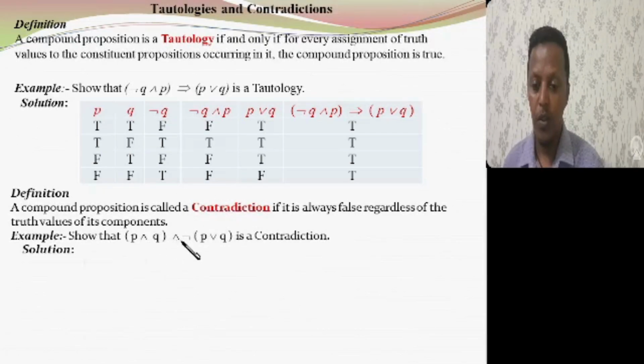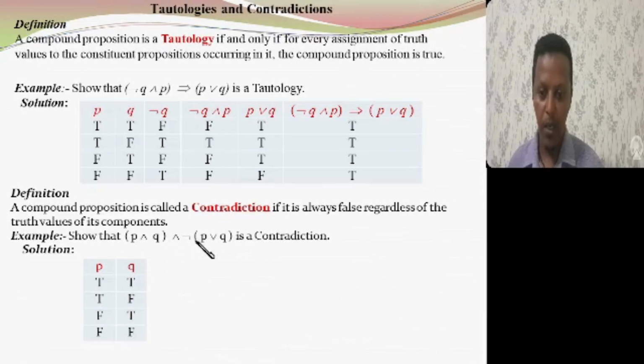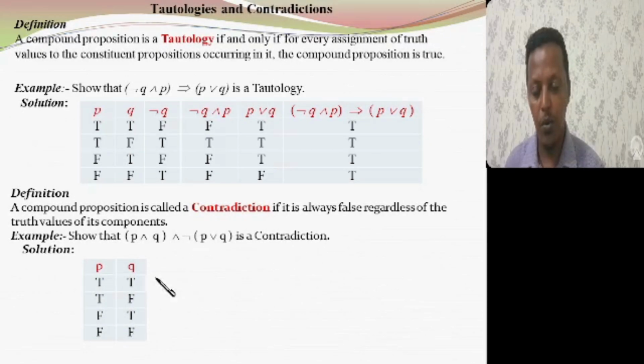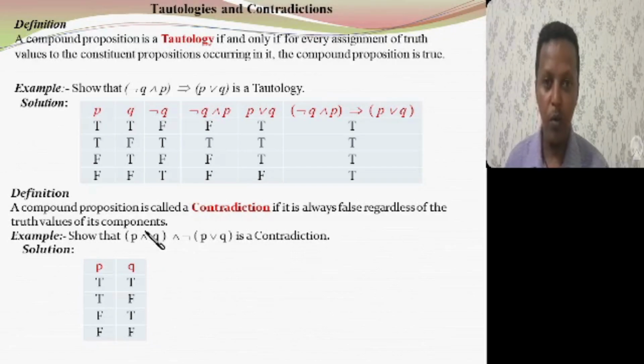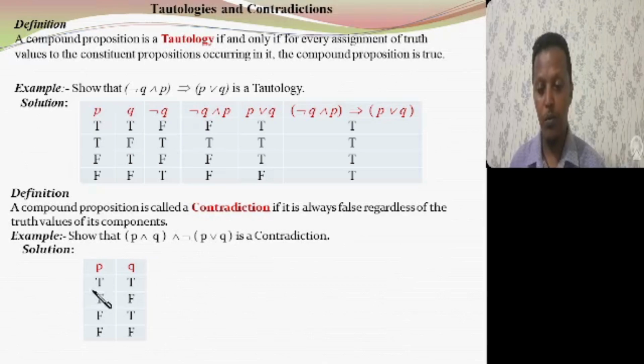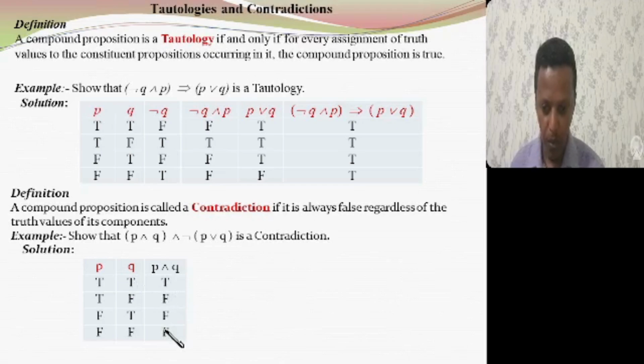So by constructing a truth table, we can show P and Q and negation of (P or Q) is what? A contradiction. Again, this is composed of what? 2 component propositions, P and Q. For 2, we have 4 possibilities. So we need P and Q. Conjunction: when both are true, it is true, otherwise it is false.